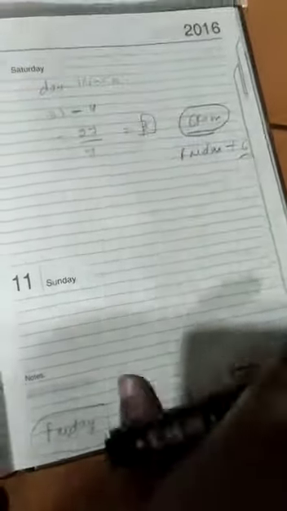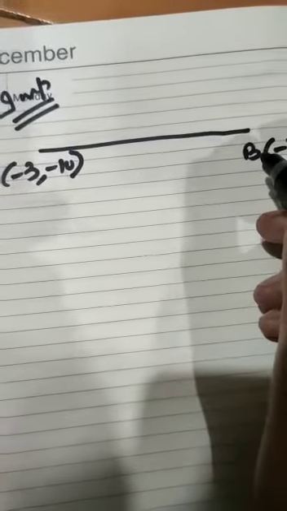Now come to question number 9. Question number 9 is important also. The line joining the points A(-3, -10) and B(-2, 6) is divided by the point P such that PB upon AB is equal to 1/5.